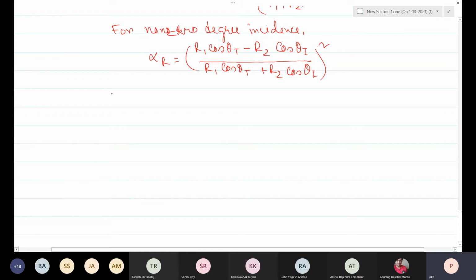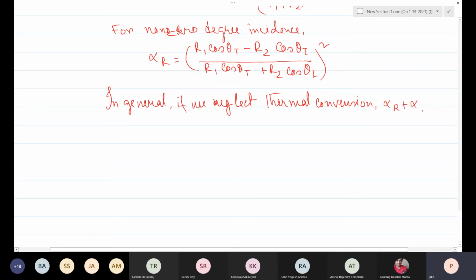So in general, if we neglect thermal conversions, then these two coefficients will be equal to 1. Okay.